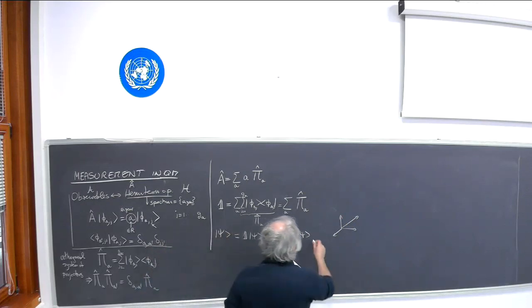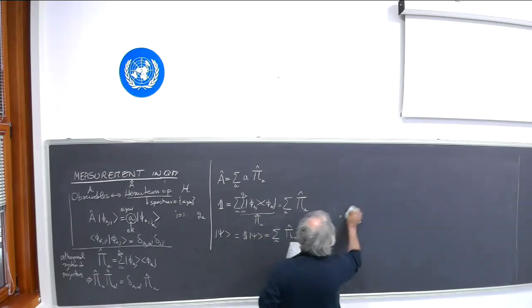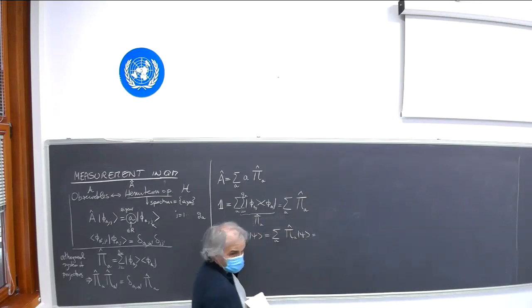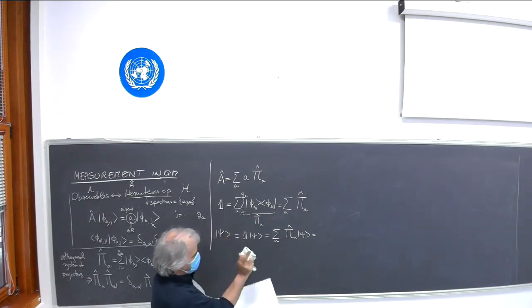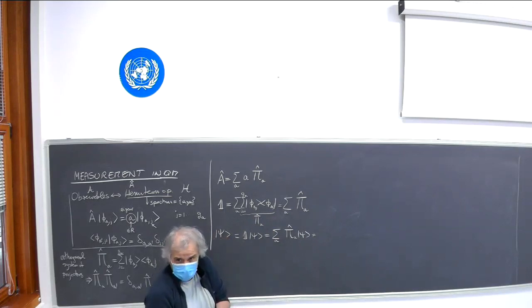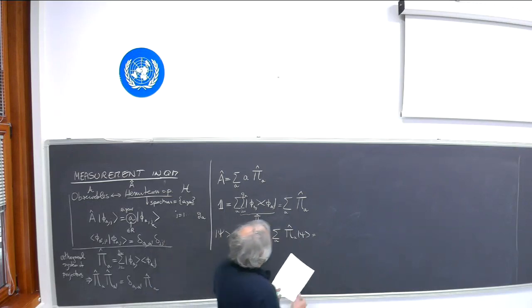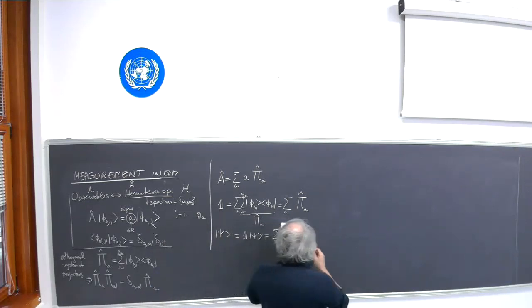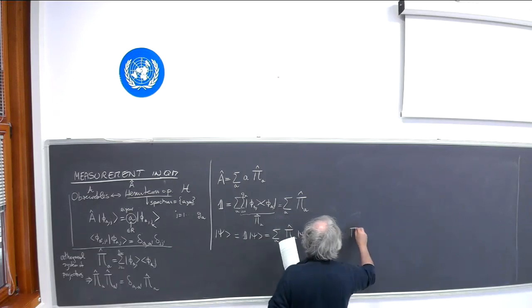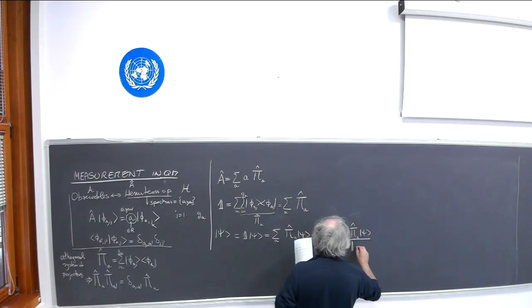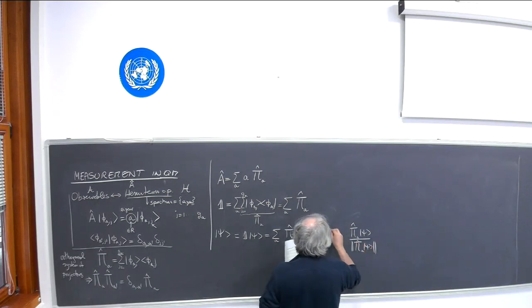Now, let me just do one little step. These states are generally not of unit norm. If this was of unit norm, the individual projections would be smaller, right? Good. So let me express the projection divided by its norm, times the norm.